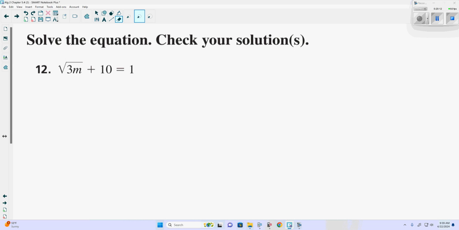3 square root of 3m plus 10 equals 1. We do indeed have one radical, so we need to get it by itself. The first thing we can do is subtract 10 from both sides, telling us that the square root of 3m is equal to negative 9.